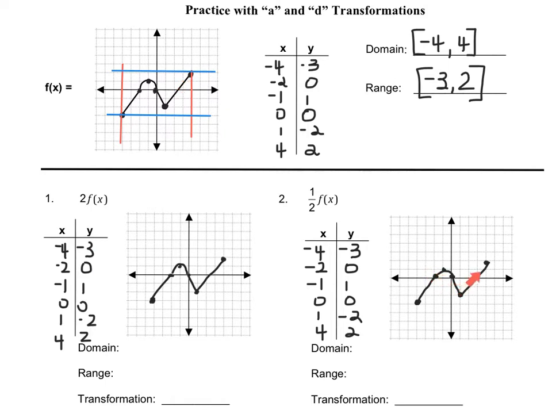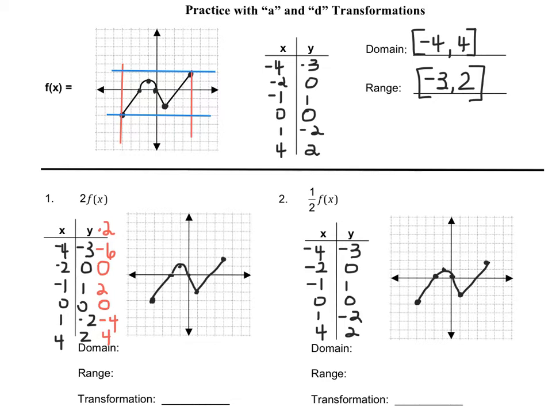And what this is asking me is, what if I do 2 times the function at x? Well, the function at x is -3, and all I'm going to do is multiply by 2. So the new y values are -6, 0, 2, 0, -4, and 4.